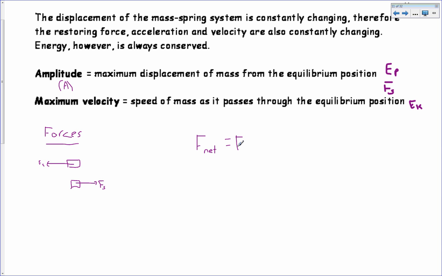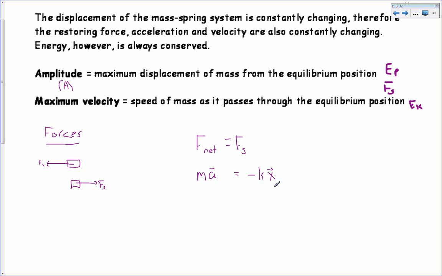We only ever deal with horizontal springs here, because if we dealt with vertical springs, we'd have gravity that we'd have to deal with. So what we have here is that mass times acceleration is equal to negative kx.